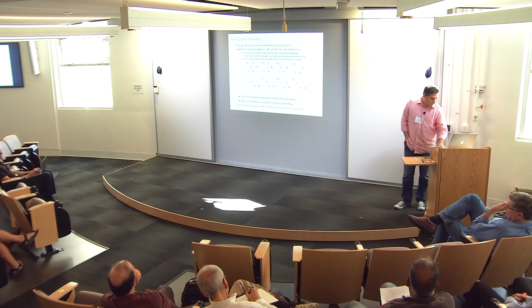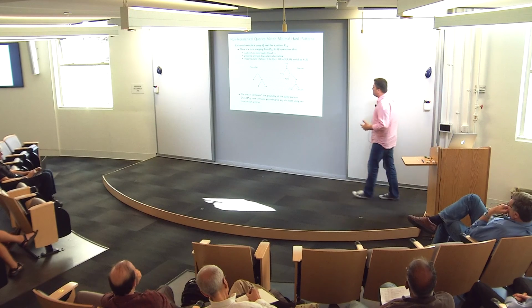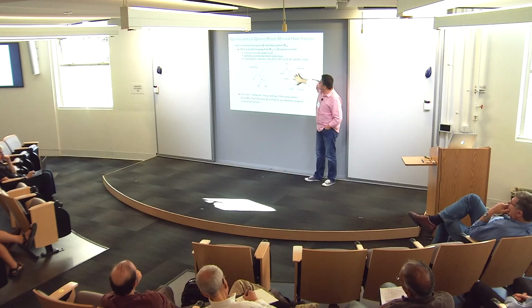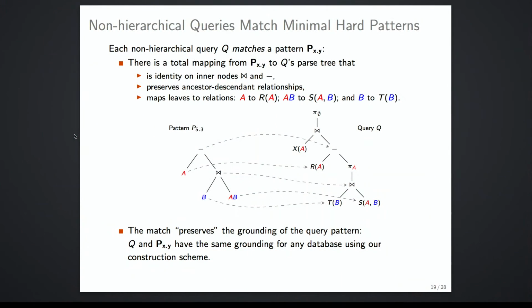Yes, thank you. So what happens, unsurprisingly, if we have a pattern and we have our query, we look at the matching. We try to see whether we can find a matching from the nodes in the pattern to the nodes in the query, such that A would be mapped to a relation that has a variable A, B would be matched to a relation with variable B, and AB with something with AB, for any pair of A and B we can come up with.